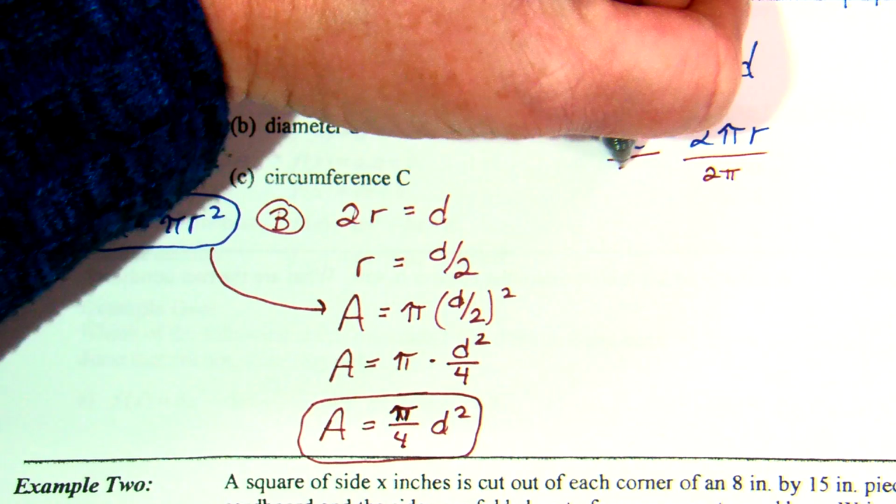And now we can take that and plug that into pi r squared. So A equals pi times radius squared. What's my radius this time? C over 2 pi, quantity squared.